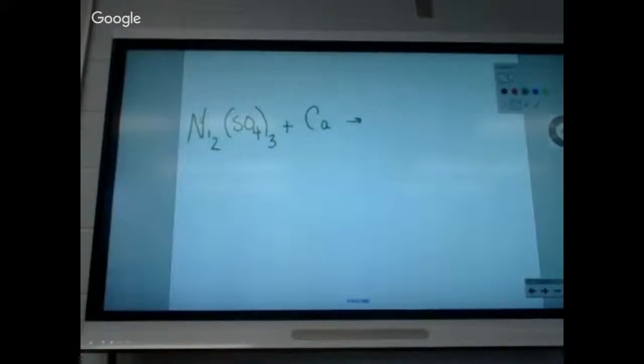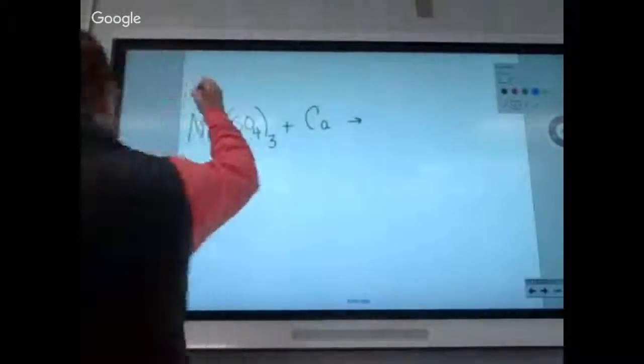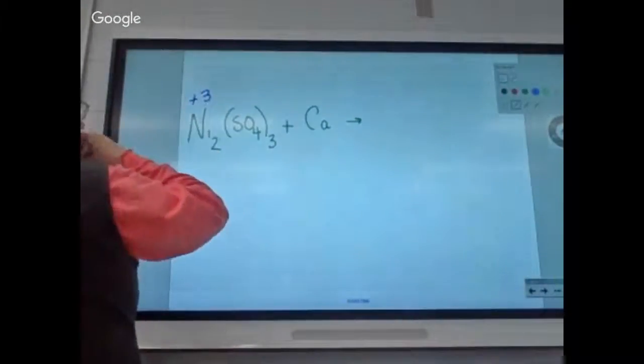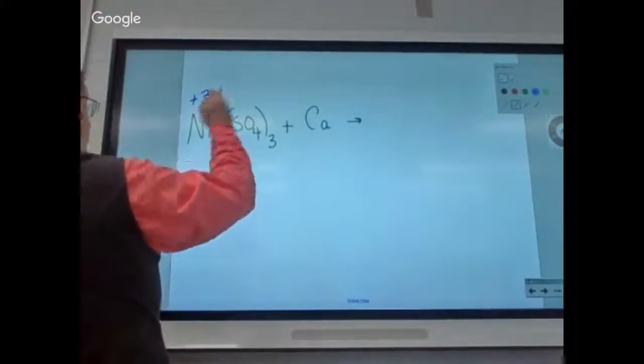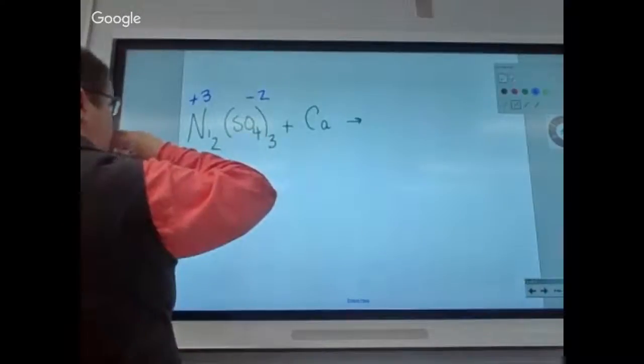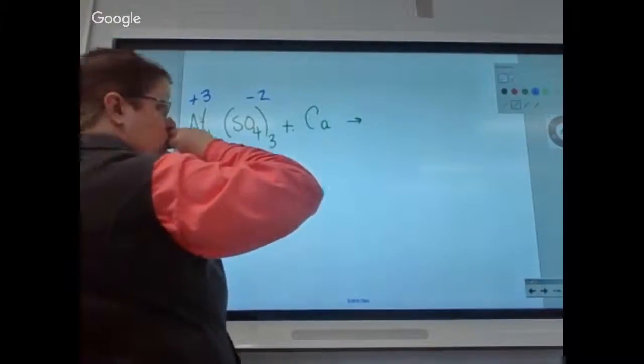All right, so what's nickel? Nickel is +3. You have to include the positives. Sulfate? -2. Calcium? Calcium is +2.